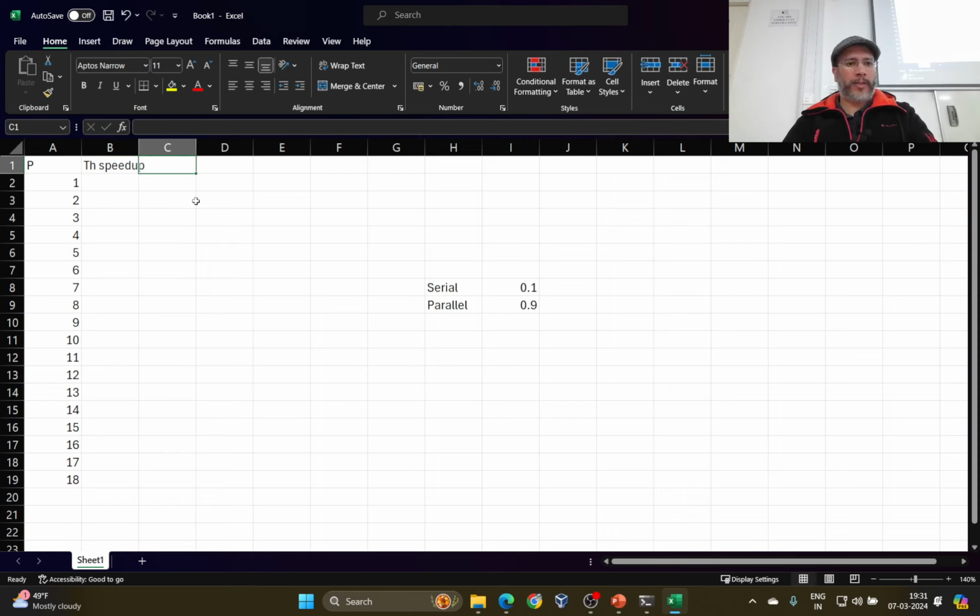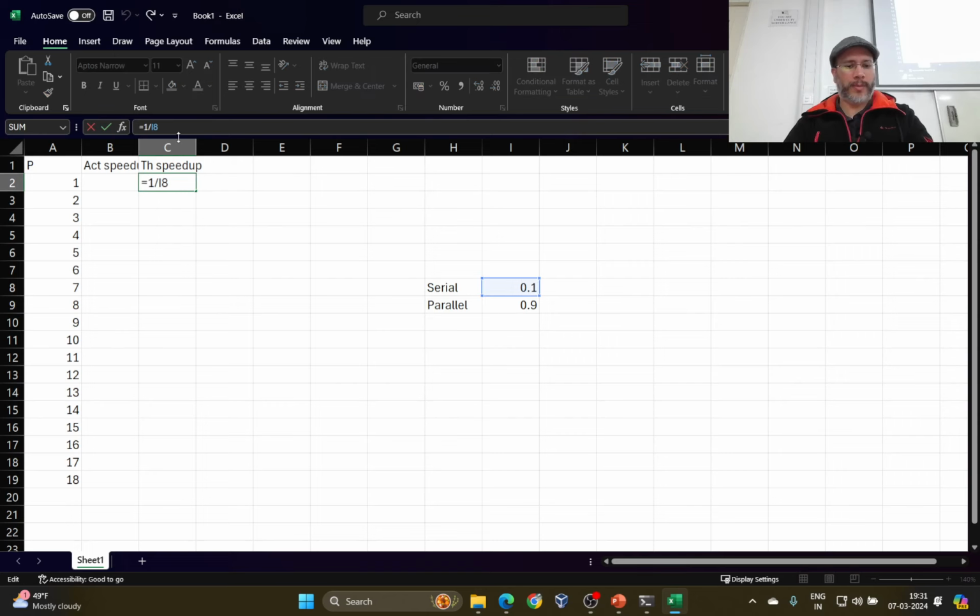And then we also have the actual speedup. So theoretical speedup is just the same for every P, it's for infinite processors. So that is going to be 1 divided by the serial fraction, which is 10.